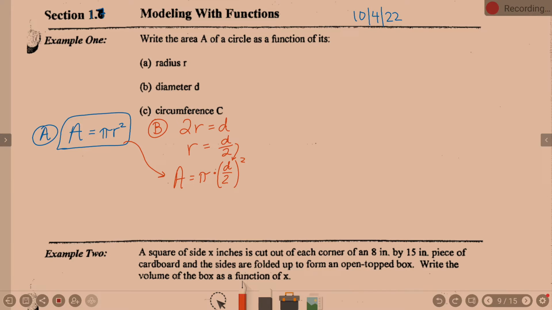It was supposed to be r squared, but instead of r, we know that the radius is the diameter divided by 2. Now, can we clean this up a little bit? What is d over 2, quantity squared? D squared over 4. Okay, we could write it as d squared over 4.